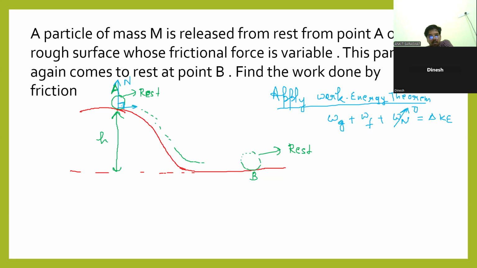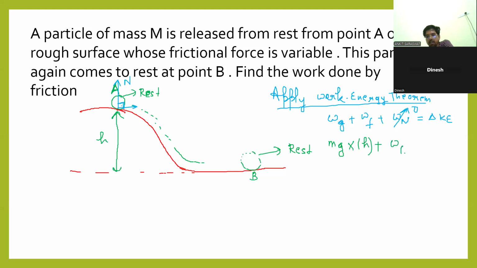A point is initial, B point is final. Work done by gravity: from A to B, force is mg and displacement in the direction of the force is h, so it is mgh.